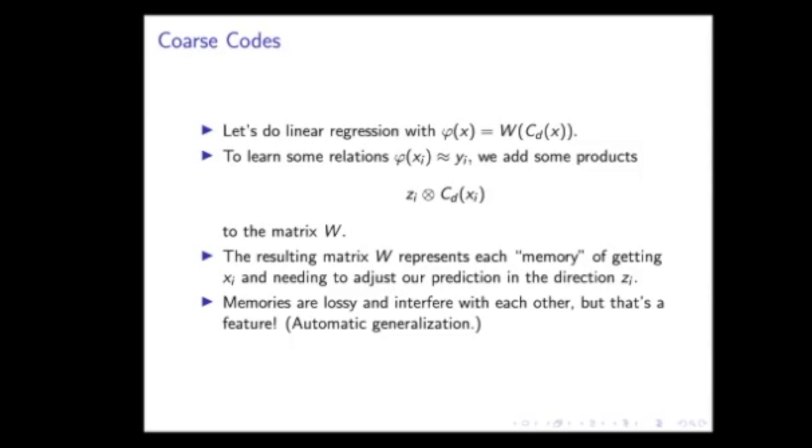In practice, if I have lots of data points and I don't have many dimensions in my coarse code, this will be a very fuzzy memory. But as a thought experiment, if the dimension D of the coarse code is sufficiently large, the matrix W I get from training is a faithful encoding of this information, that when I got xi, I moved in the direction zi.